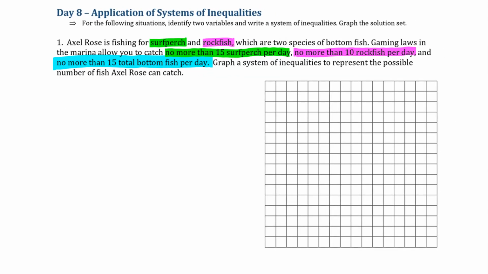Here's the deal. On your test, here's one really easy point that you could earn. Just like in day 6, we're going to create variables for the things that we don't know, or the things that we're talking about in this problem. One is surf perch fishes, so I'm going to use S, and I'm going to say that represents the surf perches.